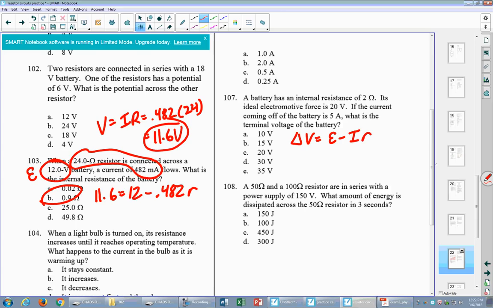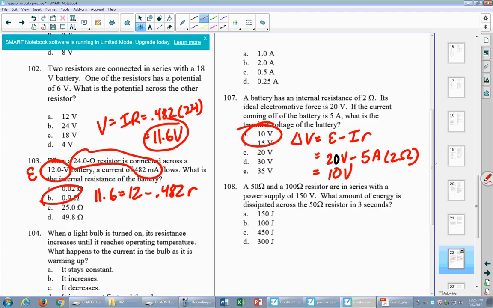So it's 20 volts minus the current, which is 5 amps, times 2 ohms. That's a big internal resistance, because you should be getting 20 volts, but you're really only getting 10 volts out of this thing. Okay, does that help?